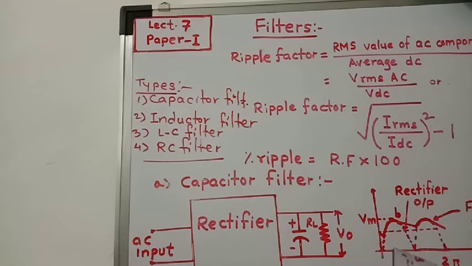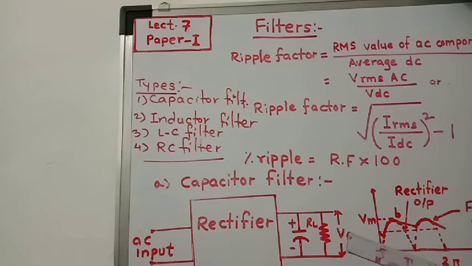So for DC, the frequency is 0. Therefore, 1 upon 2 pi into 0 into C, that is 1 upon 0, becomes infinity. Therefore, for DC, its capacitive reactance or opposition to DC is very, very high or infinity.